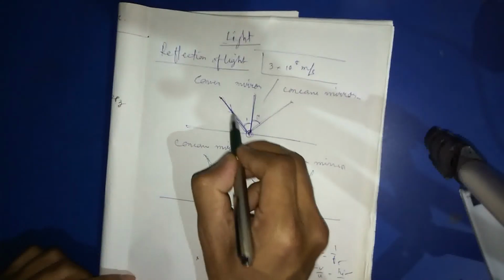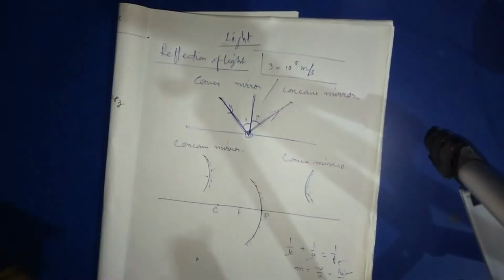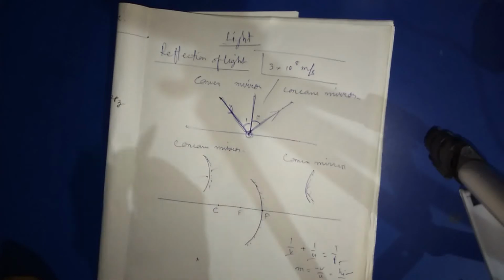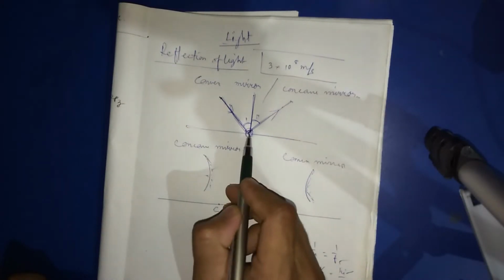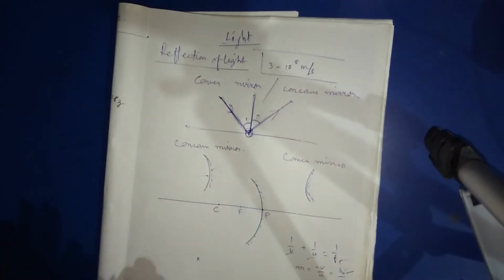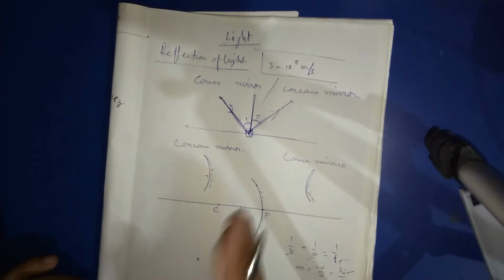The incident ray, the reflected ray and the normal at the point of contact all lie in the same plane. In a 2D diagram we find it as a point, but in three dimensions it is a plane. Therefore they all lie in the same plane.